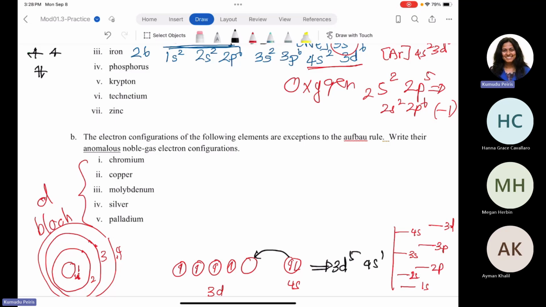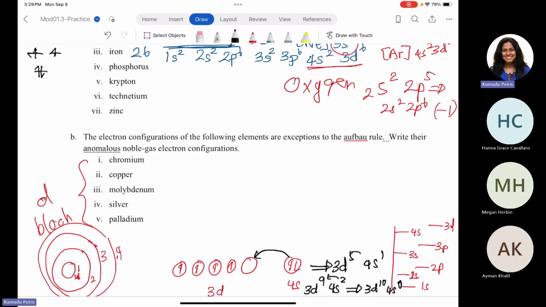This 3d5 4s1 is more stable than 3d4 and 4s2. Again, when there is 3d9 and 4s2, the same thing will happen. We take one electron from the 4s2 and rearrange it to 3d10 and 4s1, because 3d5 and 3d10 are more stable than the 3d4 and 3d9 configurations. That is the reason.